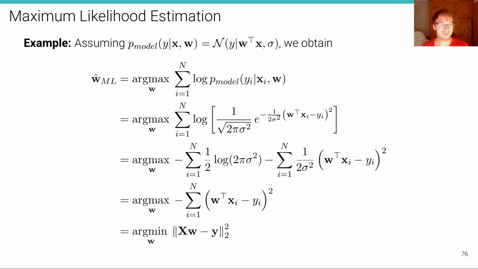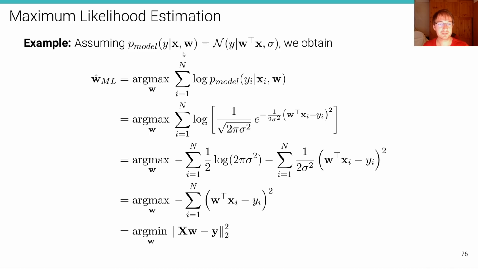Okay, so what did we gain? Let's assume for a moment that the model distribution is a Gaussian, where the mean is a linear function of x and w. So it's exactly this linear expression from before, the inner product between w and x, and the variance is sigma.